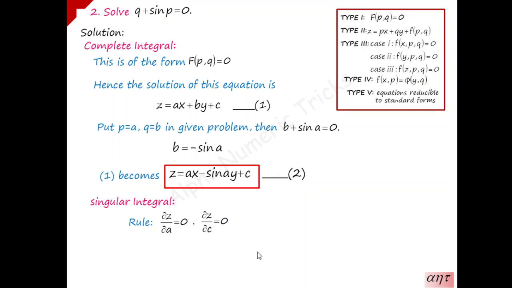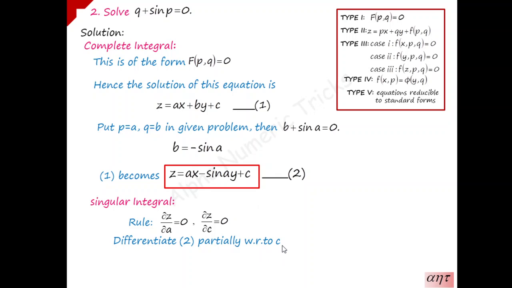So for that you differentiate partially.